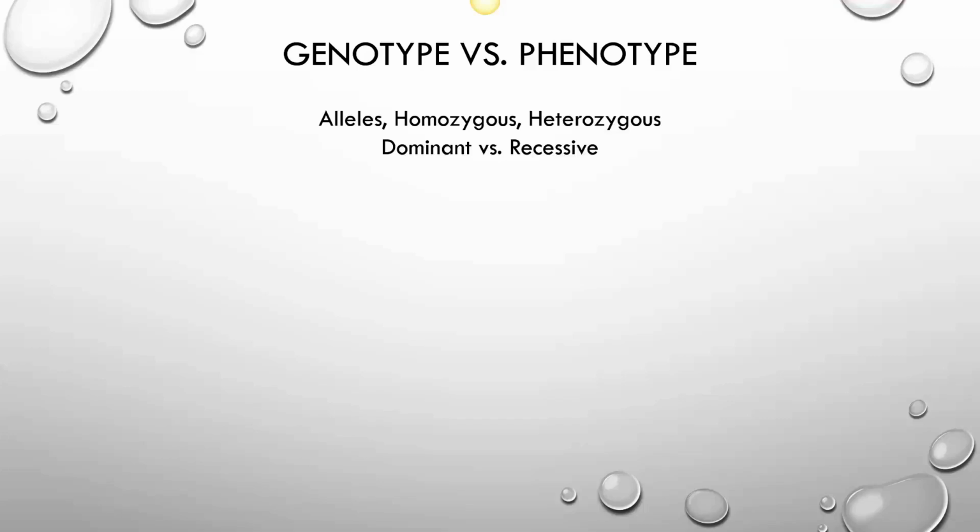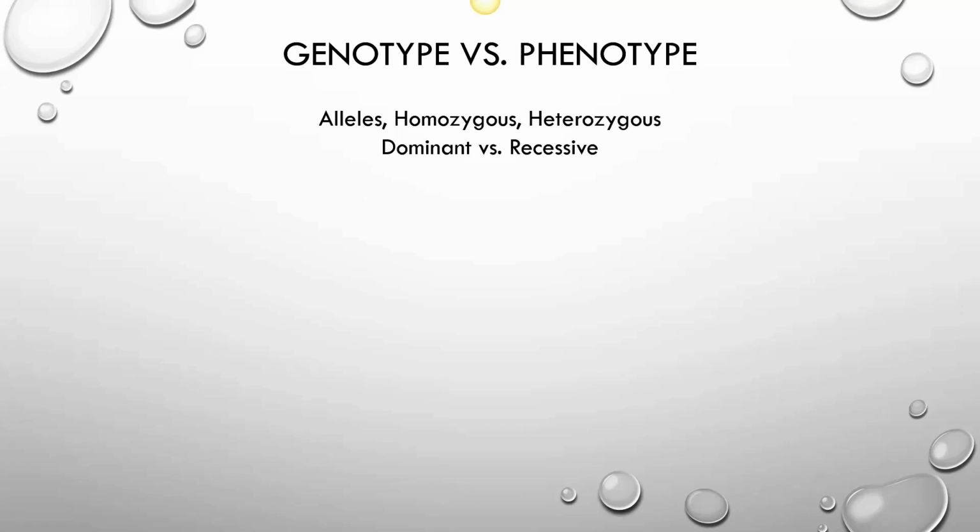So now we're going to get into a little bit more of what makes up our genome and how we inherit genes specifically. Genotype versus phenotype. Now let's say that eye color was a monogenic trait, which it's not, but let's just pretend for this scenario.